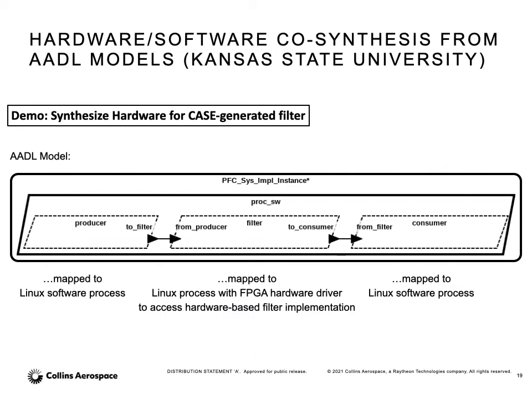In order to perform a proof of concept for synthesizing hardware directly from AADL models, colleagues at Kansas State University have taken a simple AADL model that includes a filter of the form we've been discussing, written in a hardware-software co-design language, and then synthesized an implementation targeting an FPGA development board.